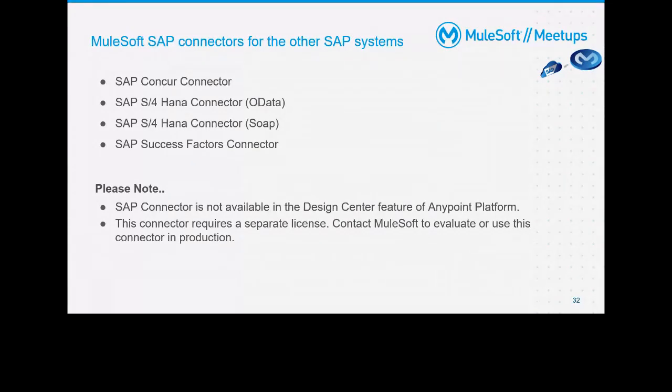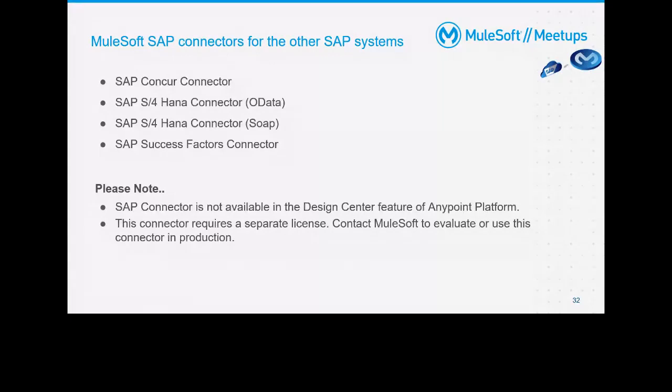The S4HANA SOAP connector is built on the SAP SOAP APIs exposed by the SAP S4HANA Cloud ERP. The latest 2.1 version of this connector also supports on-premise. There is another, the SuccessFactors connector, which provides full support to query, create, update, delete, or CRUD entity operations under the OData APIs exposed by SuccessFactors.